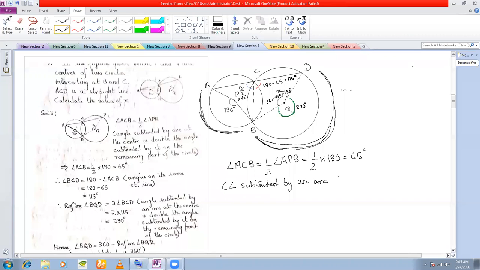AB. Angle subtended by an arc at the center is double the angle subtended by it on the remaining part of the circle. Which one is the angle that I'm talking about? I'm talking about the blue angle. Angle subtended on the remaining part of the circle is the blue angle.